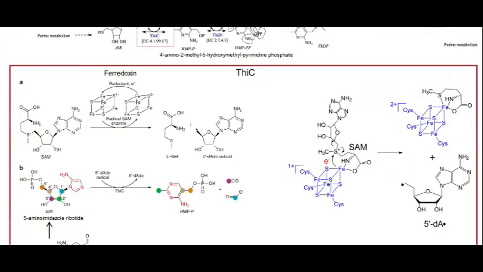And this one uses ferredoxin and s-adenosylmethionine. The s-adenosylmethionine is so named because it has this adenosine moiety here, and then a methionine moiety here.